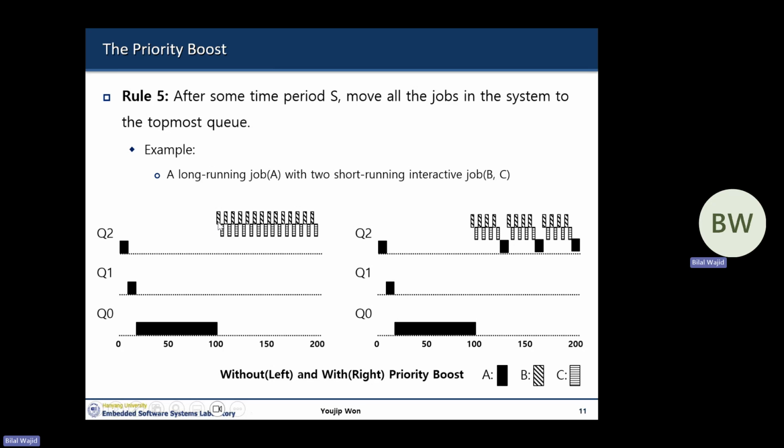B works for a portion of the time slice, let's say 50%, and relinquishes the CPU. Wonderful, good behavior. I'm going to keep it at higher priority. And then C comes, consumes maybe 50% of the time slice, and then hands it over to the operating system, says, go ahead, I'm waiting for some input output. Wonderful, good behavior. It handed over the CPU before it finished, but it's going to stay at the higher priority.